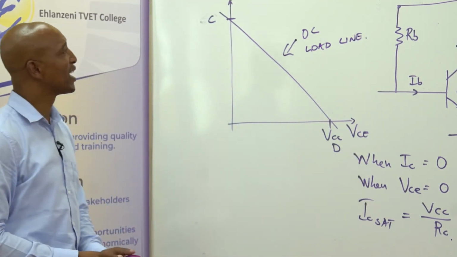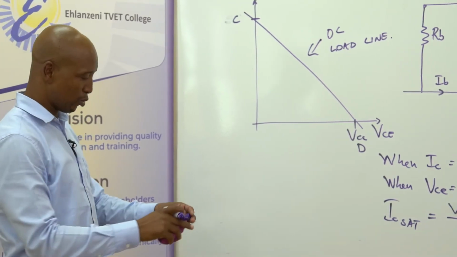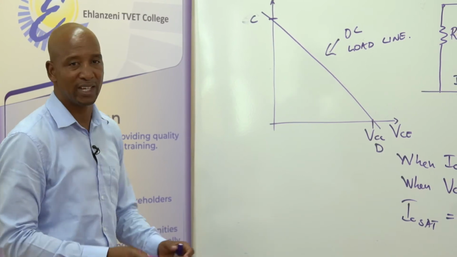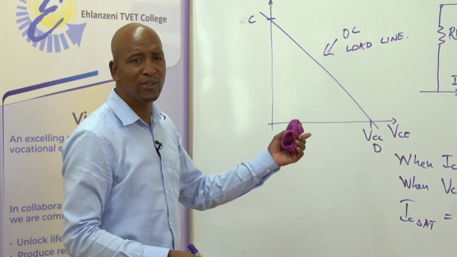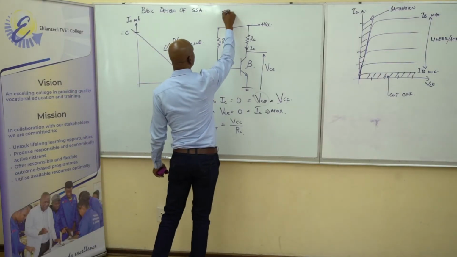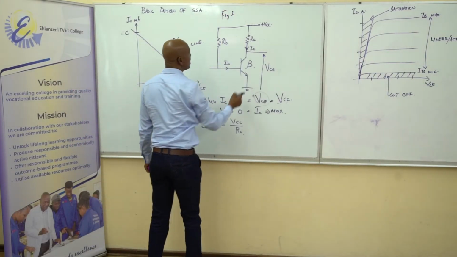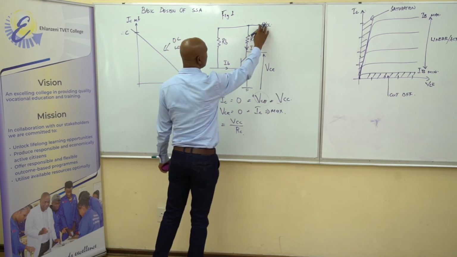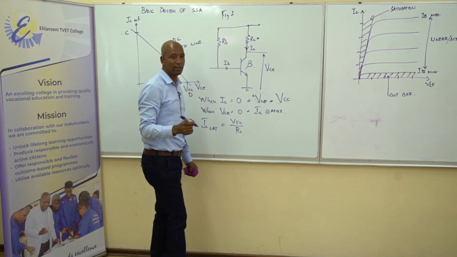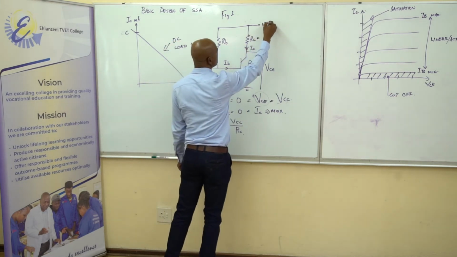Let's look into a typical exam question, which will lead us to be able to draw a DC load line. I will simply slot values into that so that we don't have to redraw this. I'll call it figure 1. If we've got a VCC, let me say a VCC of 12 volts.